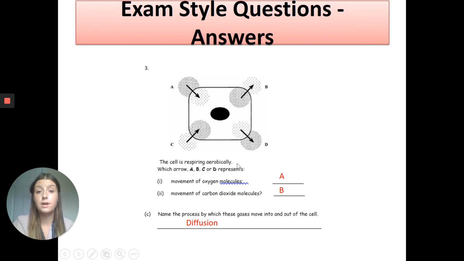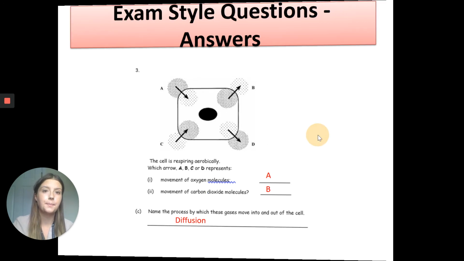You need to be really secure in your knowledge of what respiration is, you also need to be really secure in your knowledge of diffusion, and you need to be thinking about cells. So there's a lot of levels to that question. Name the process by which these gases move into and out of the cell. I've said that word a couple of times, so it's diffusion.